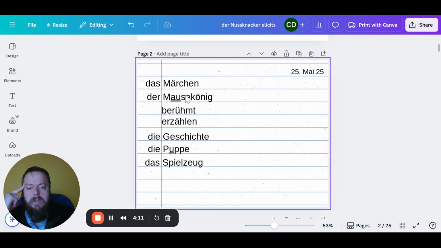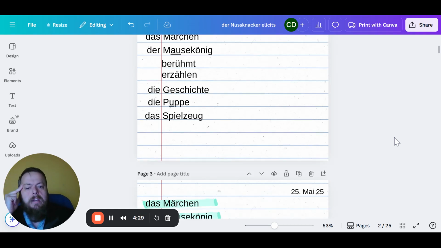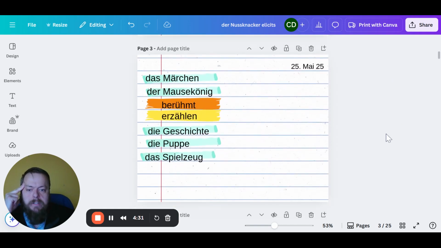Once you've gone through the pronunciation, we help students identify the parts of speech. In German, this is very simple. I ask, what are the nouns? And they say, oh, it's the ones with der, die, and das. And you have the students highlight as well.